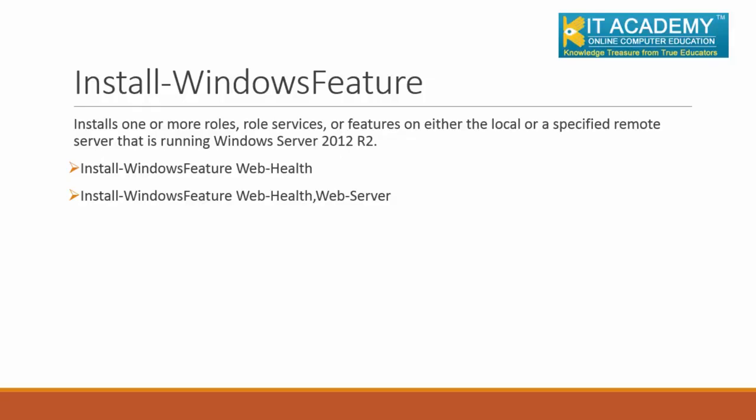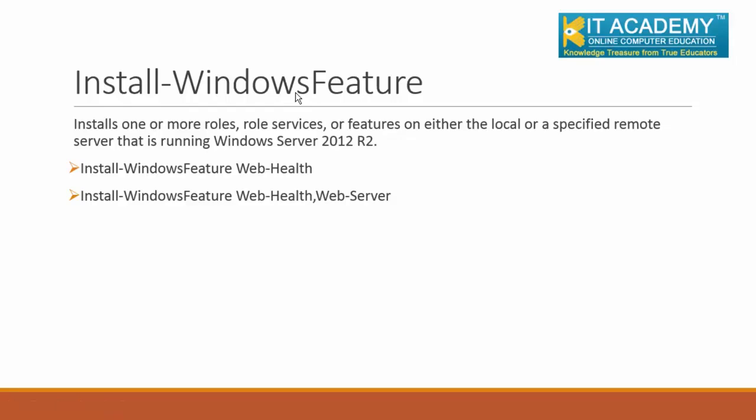Okay, in the last two lectures I've shown you how to add Windows features and how to remove Windows features in case you're working on Windows 2008. So what if you're working on Windows Server 2012, as I am? I'm supposed to use install Windows feature in place of add Windows features.